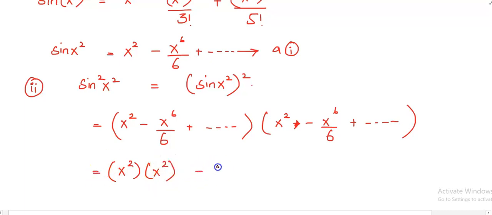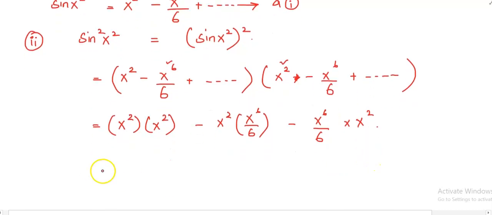Then I multiply x squared with x to the power of 6 divided by 6, and from the other one, when I multiply this with x squared, I end up getting x to the power of 6 divided by 6 multiplied by x squared.